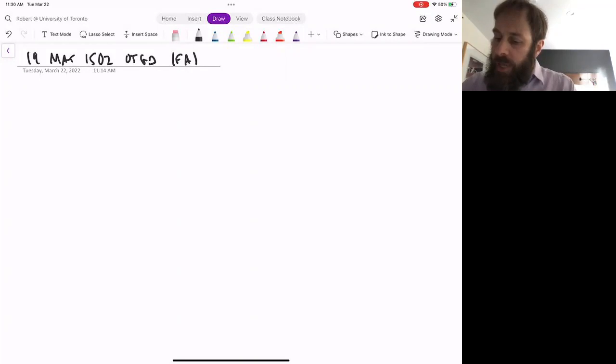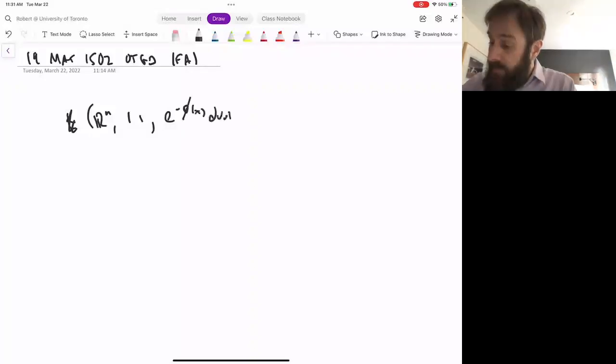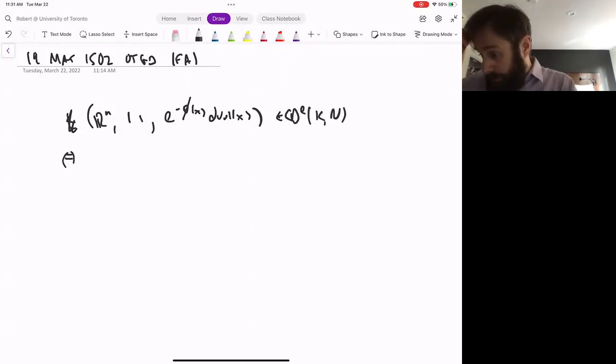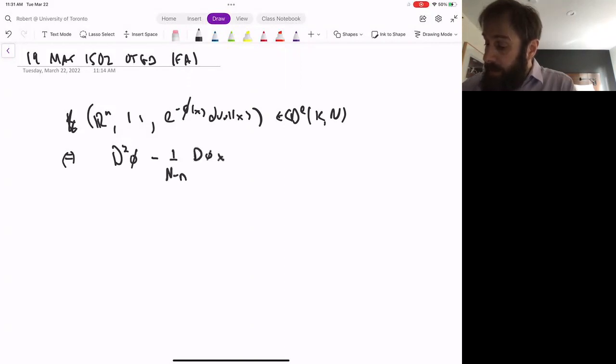So we wanted to check that when you look at, say, Euclidean space with the Euclidean distance and a measure e to the minus phi of x dx, and I claimed that this was a CD entropy KN space if and only if the Hessian of phi plus, let's see, minus 1 over capital N minus n gradient phi tensor gradient phi minus K times the identity matrix is non-negative definite.